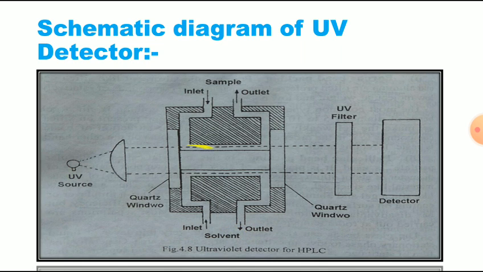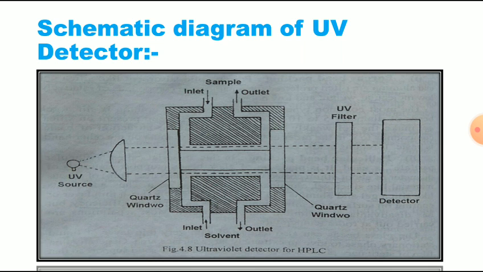The UV light passing through this exit quartz window falls on this UV filter, which filters out that UV light, and only the light absorbed by the sample and the mobile phase passes and reaches the main part of the detector. It will detect the light and show the chromatogram in the graph.